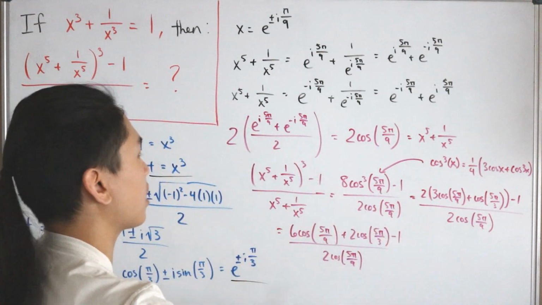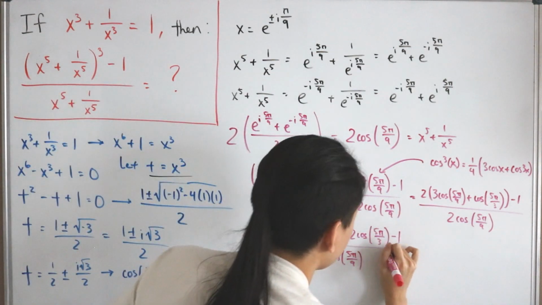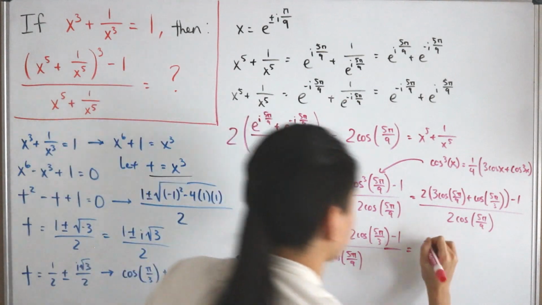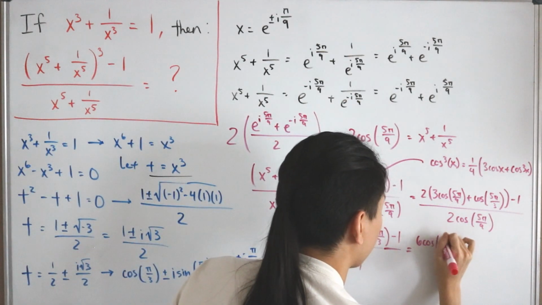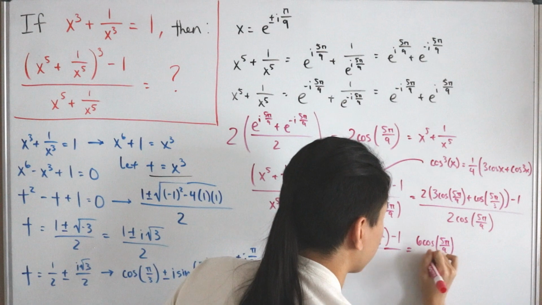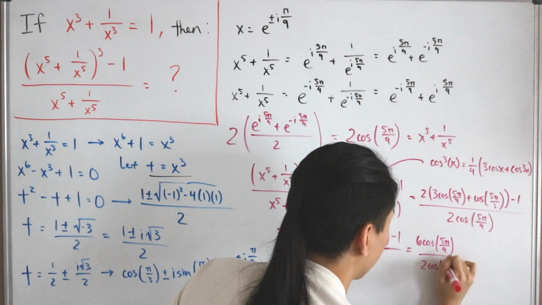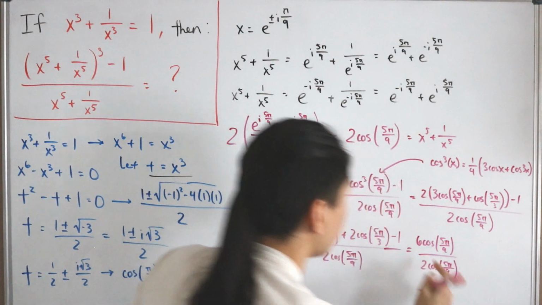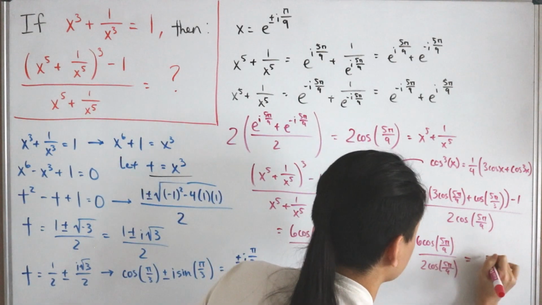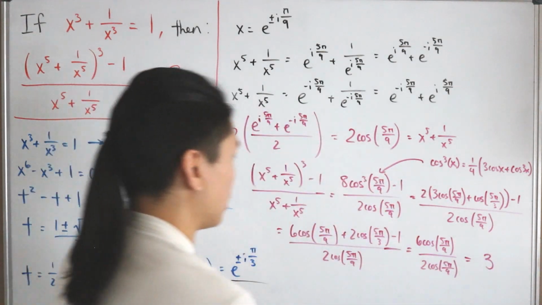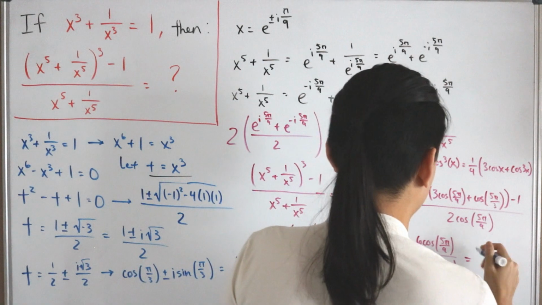So 2 times 1/2 is 1, subtract 1 is equal to 0. Therefore we're left with 6 cosine of 5 pi divided by 9, divided by 2 times cosine of 5 pi divided by 9. These cancel, and it simplifies down to just 3, which is the final answer.